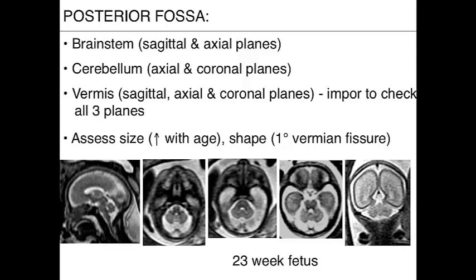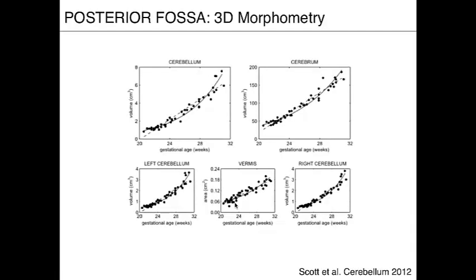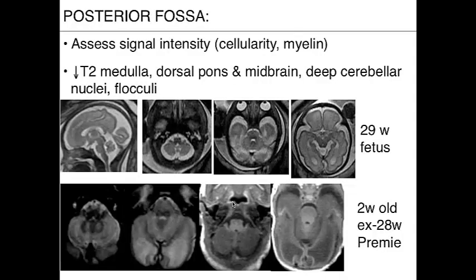It's important not just to look for the normal morphology of the vermis on the sagittal image, such as the primary vermian fissure, which can oftentimes be seen as early as 21 or 22 weeks gestation, but also to look at the morphology of the vermis and the cerebellum on axial images, and really to see the normal indentation on the dorsal aspect of the fourth ventricle to indicate that indeed your midline tissue is vermis. And the vermis and brainstem and cerebellum, as expected, will grow during gestation, and that's something that can be compared with the literature when you obtain measurements on your fetal MRI.